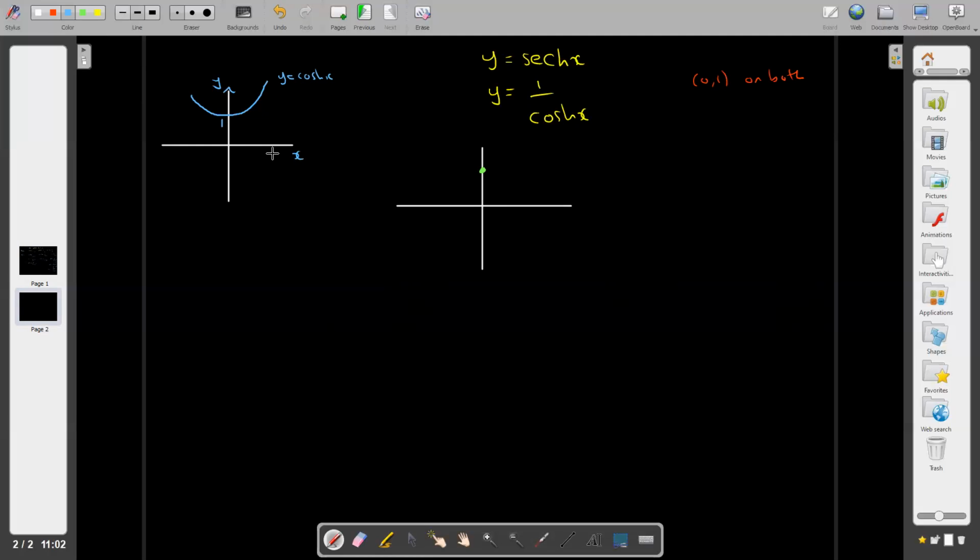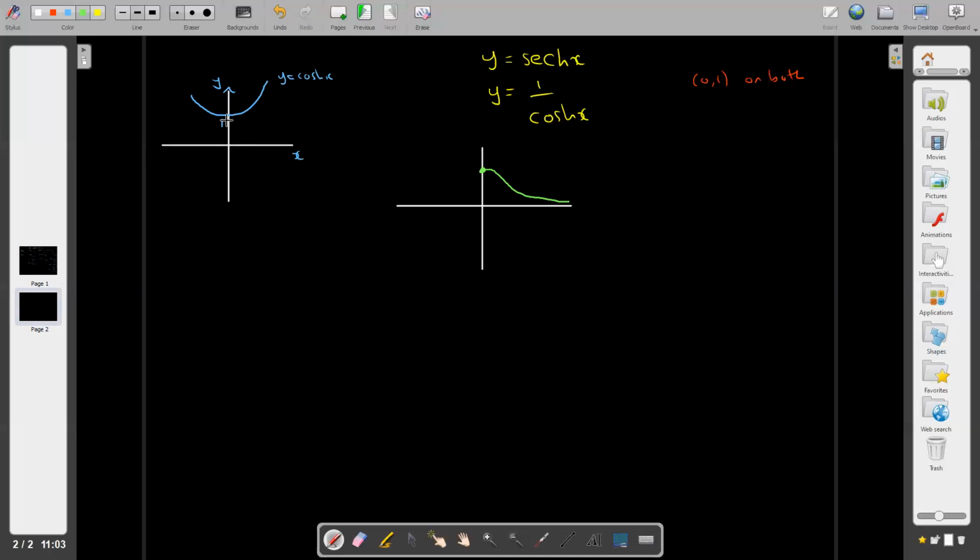No matter how big a number you divide 1 by, the answer is never 0. So it's going to come down like this, and it's never going to rise, and then it's going to have an asymptote going that way.